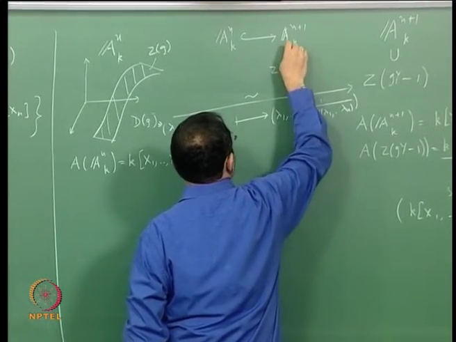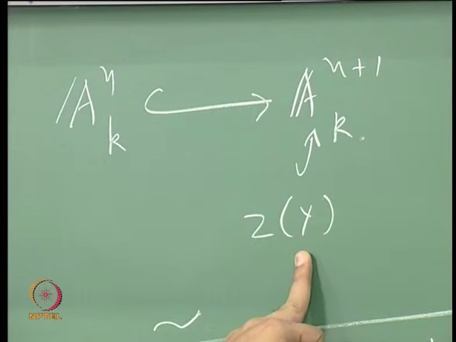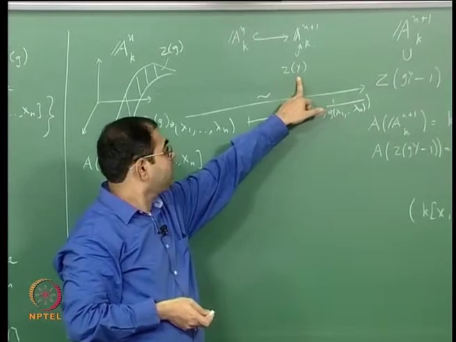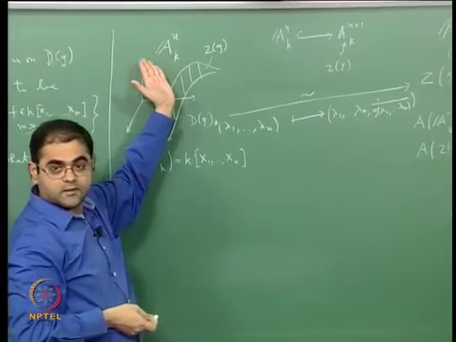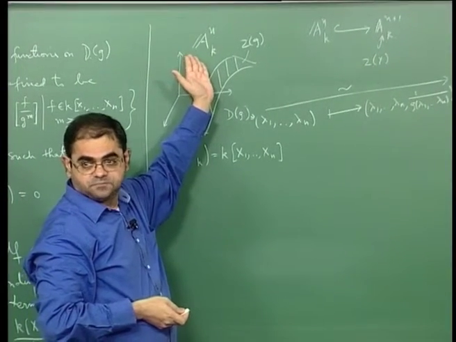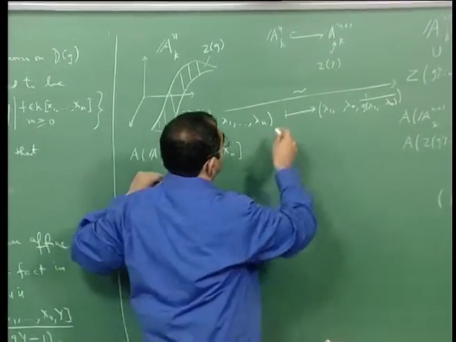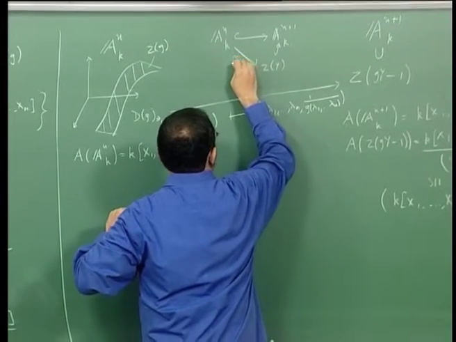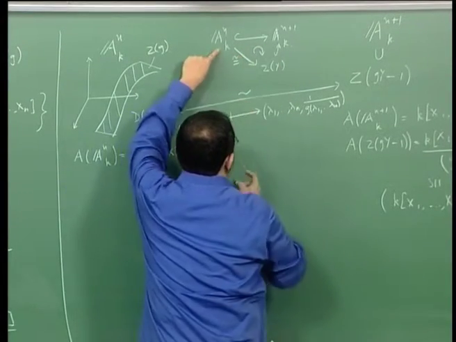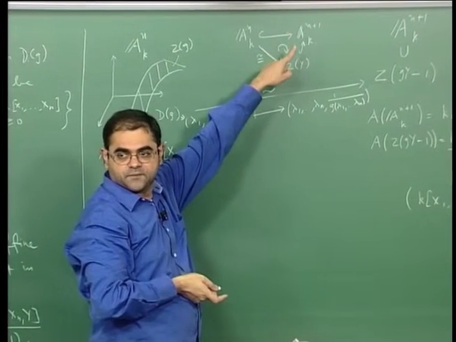So the zero set of y is a hypersurface defined by y, which means you are looking at all the points where the y coordinate vanishes, and these will give you the copy of A^n. So A^n is identified with Z(y), the zero set of y in A^(n+1).